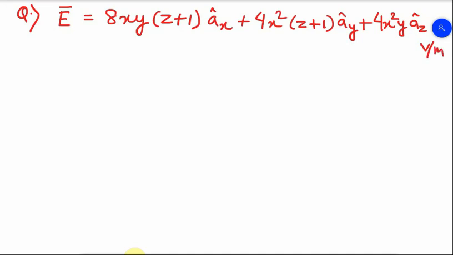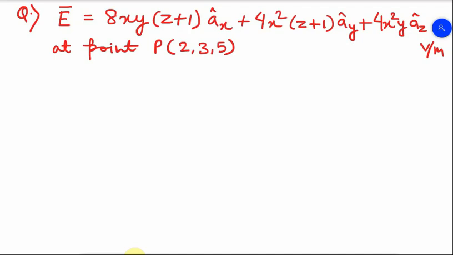This is the expression for electric field intensity in free space. At point P, whose coordinates are 2, 3, 5, which lies on the conducting surface, find the magnitude of rho_s at P.